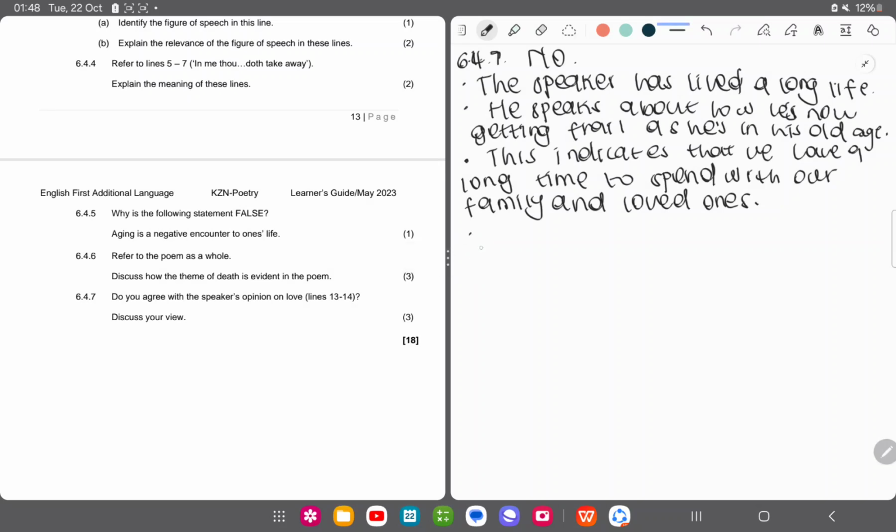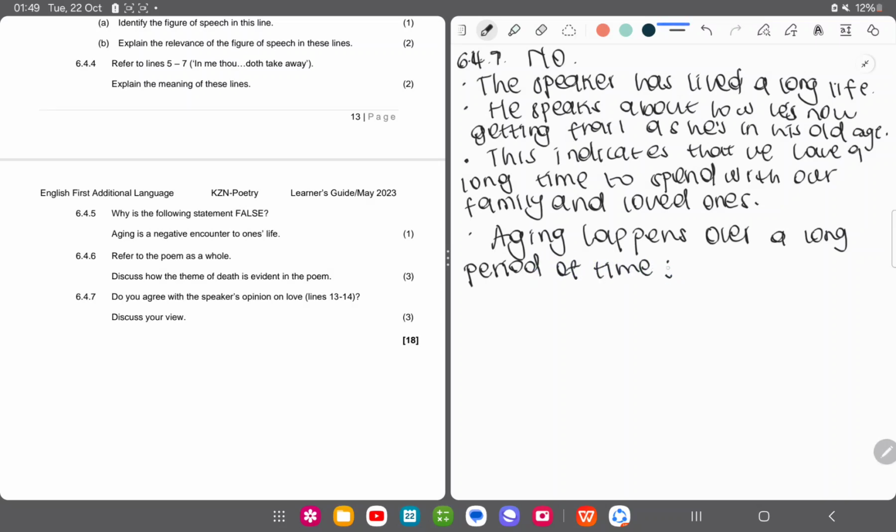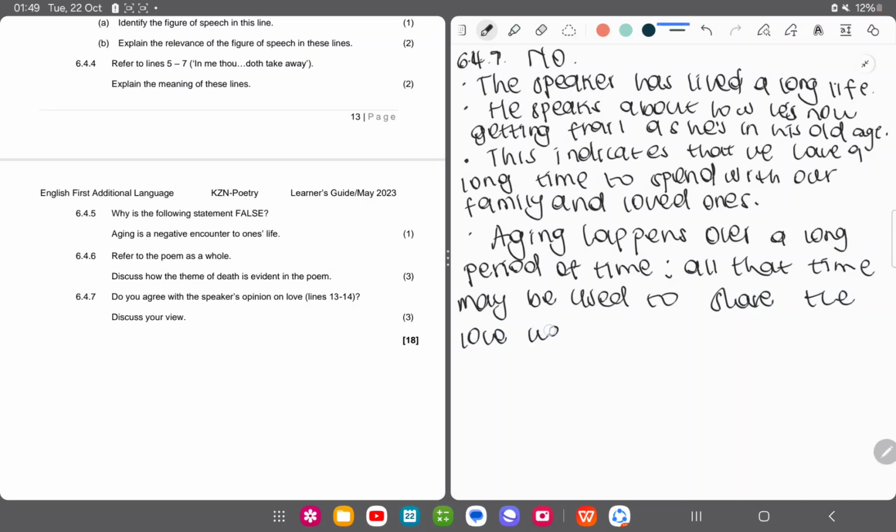You can further continue to say that aging happens over a long period of time, and that all that time may be used to share the love we have for our beloved.